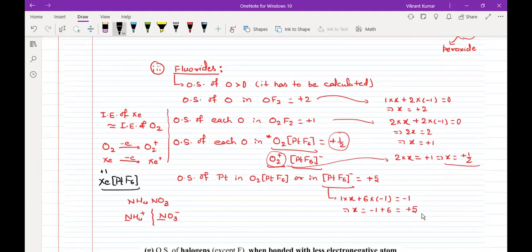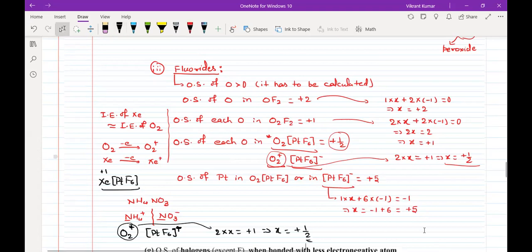So basically it was inspired from O2PtF6. We are supposed to know that in O2PtF6 we have O2 plus and PtF6 minus. Once we know that, 2 into X is equal to +1, and that's why we'll write X is +1/2.